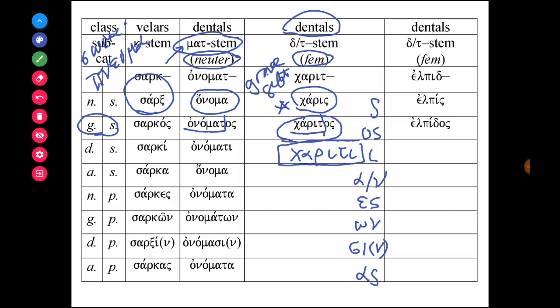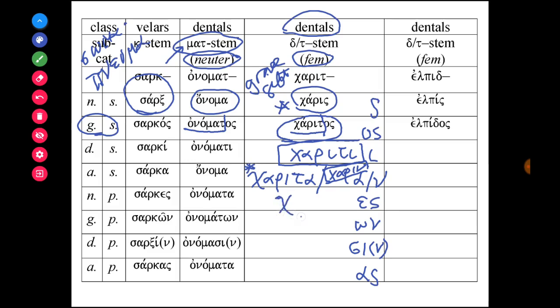The accusative singular actually has two forms. The more common, charita, and also you will see the form charin. And actually, I'm sorry, it's charin that's more common, but we do see the form charita, and that's the form for grace in the accusative singular.